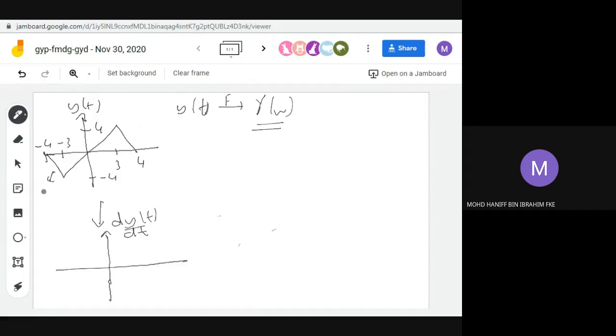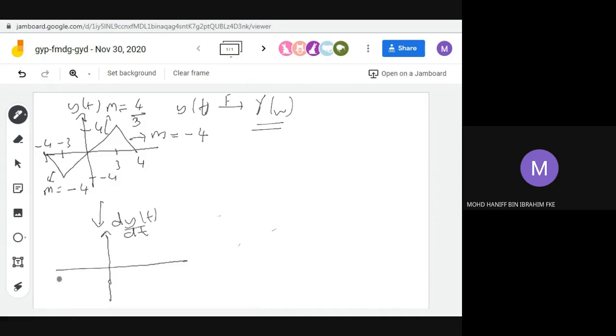The slope for the first line is m = -4. For the middle line, the slope is m = 4/3. And for the last line, the slope is m = -4.